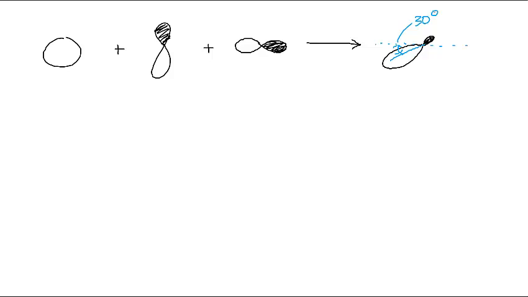So if I want my new orbital to be pointed a little bit down and a lot to the left, what that means is I need a little bit of this up and down orbital, and I need a lot of this left and right orbital.